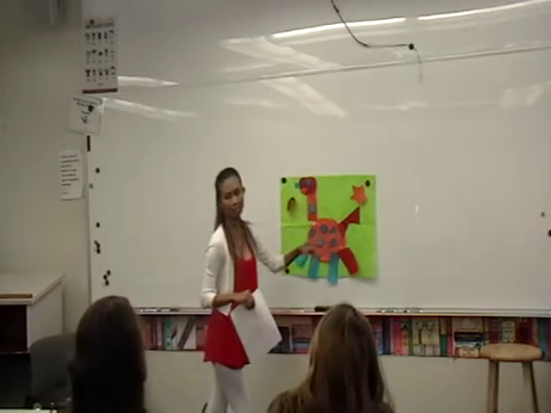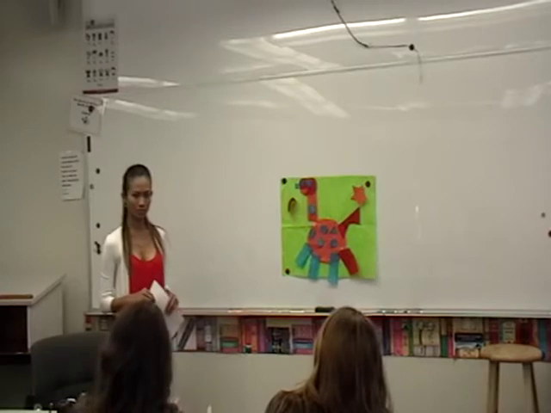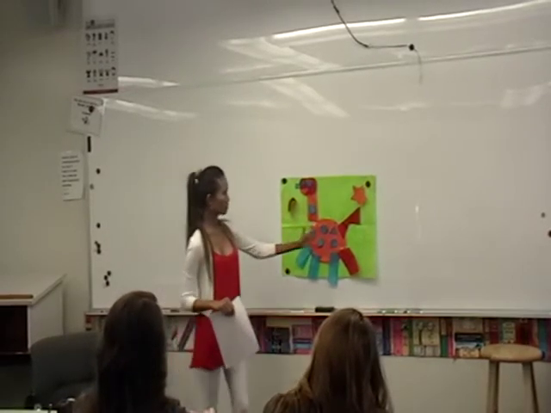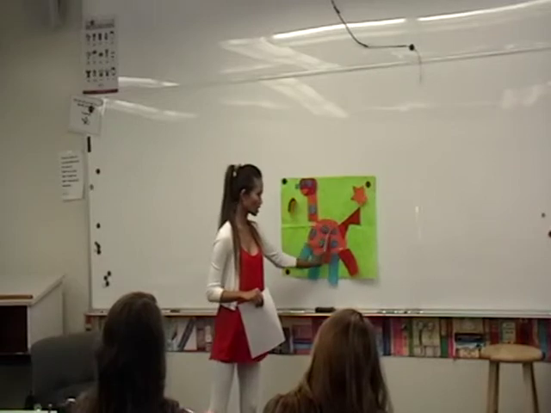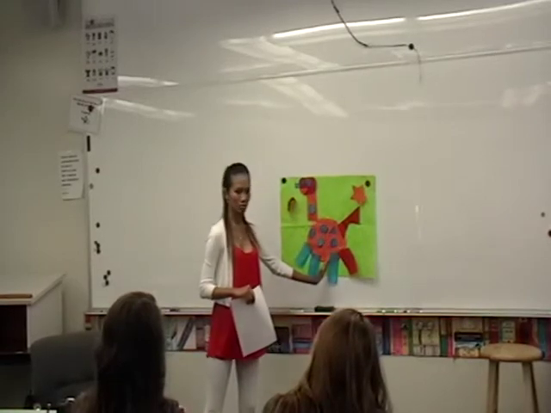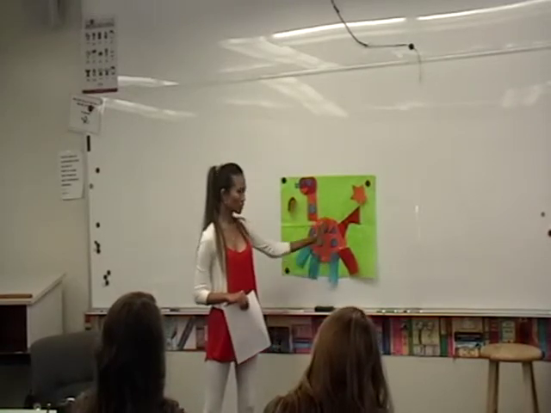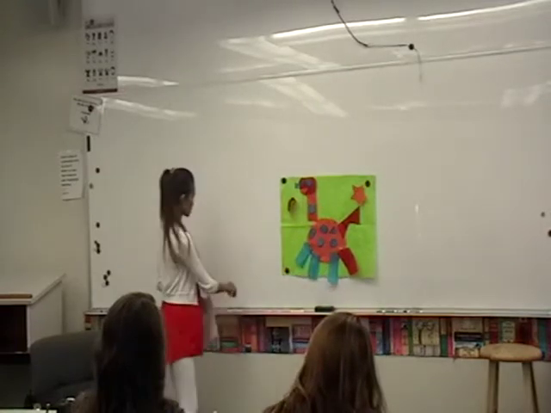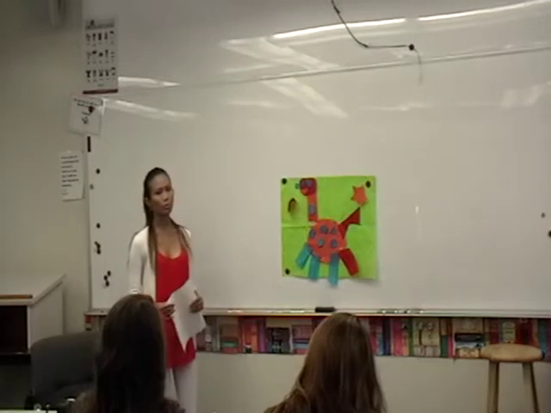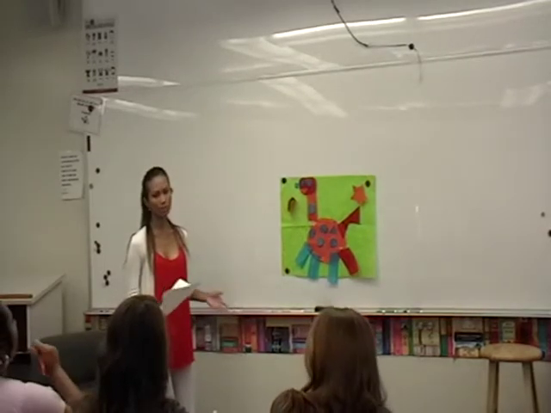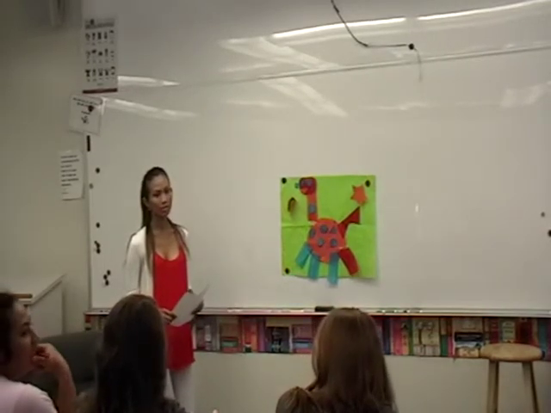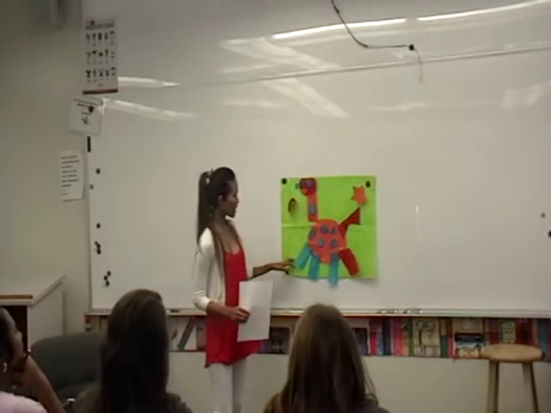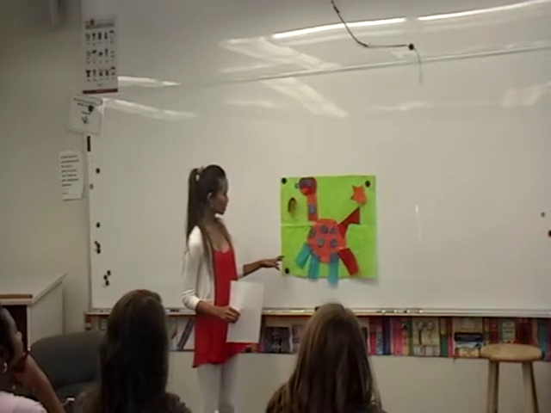A square. A square. Yeah. What about if I divided the circle into a half, what do you call it? A semicircle. Semicircle, correct.